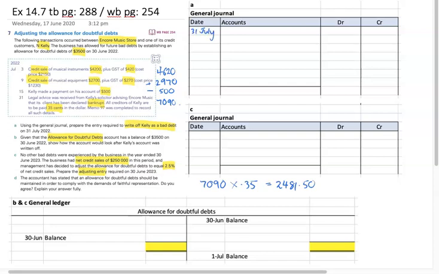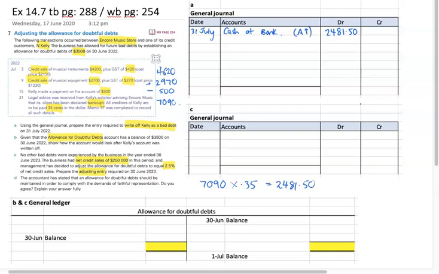We are actually going to receive some cash from these guys. So our cash at bank, being an asset, is going to go up, and you would never do this in your general journal, but just so we know, our asset is going to go up by $2,481.50. Assets going up are debits. We also know some other information.